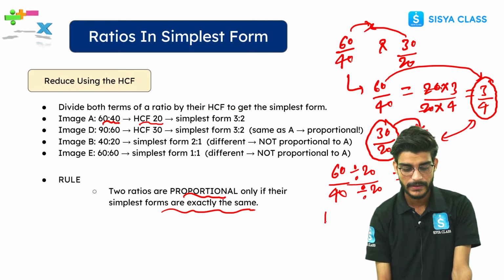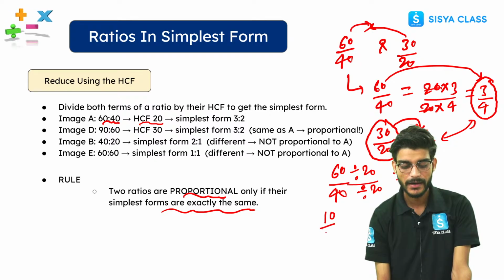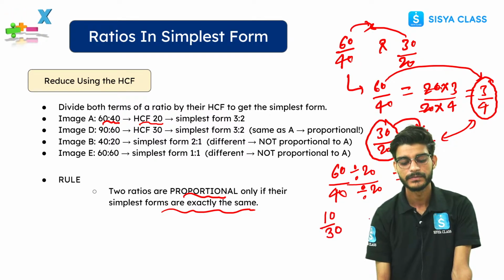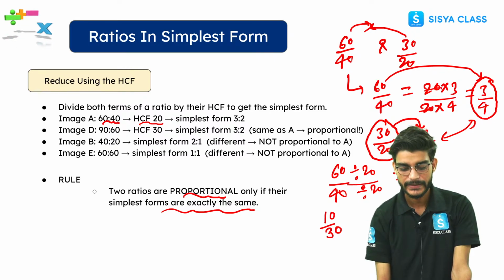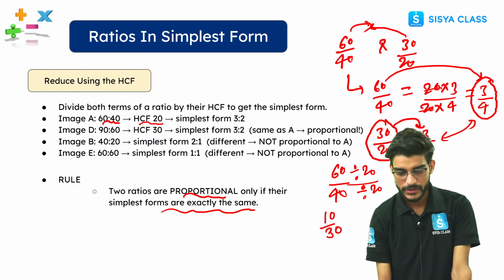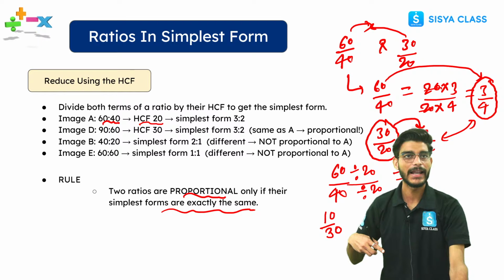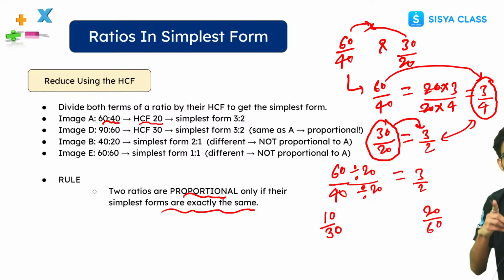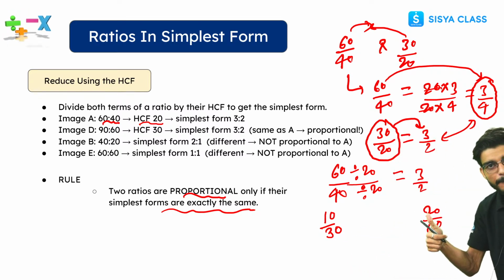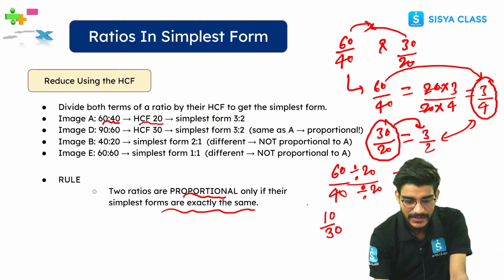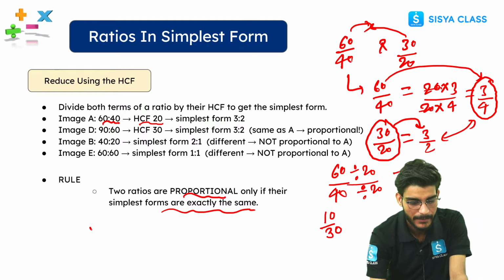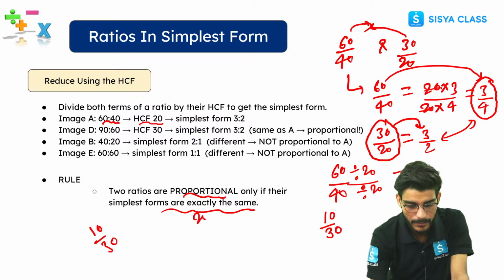Let's say I write here 10 upon 30 and 20 upon 60. If I ask you, are they the same? Like here, I'm writing 10 upon 30 and 20 upon 60.